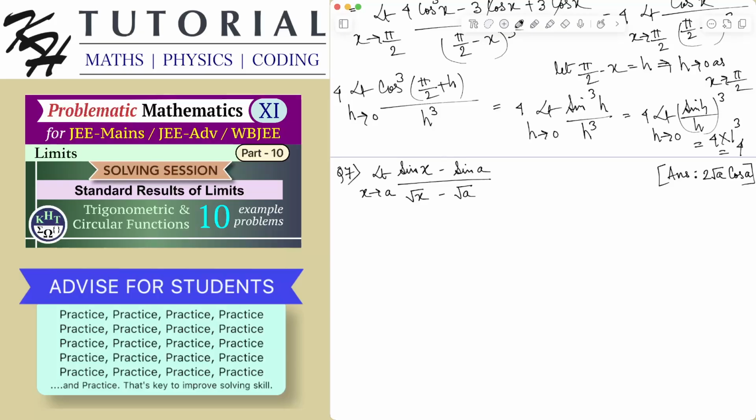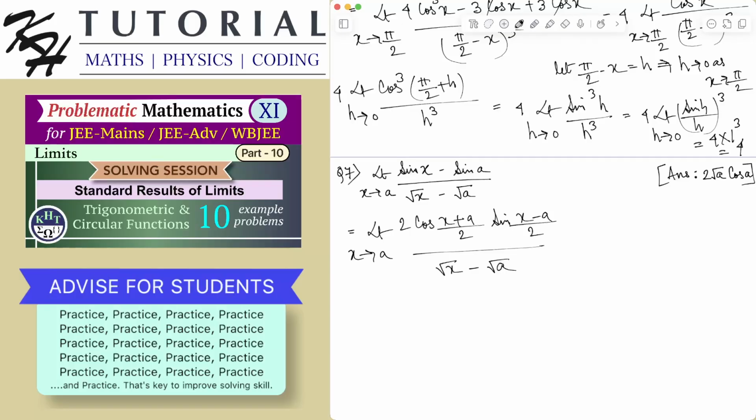So this is limit x tending to a, sin x minus sin a is 2 cos((x plus a) by 2) multiplied by sin((x minus a) by 2), and we have divided by root x minus root a.